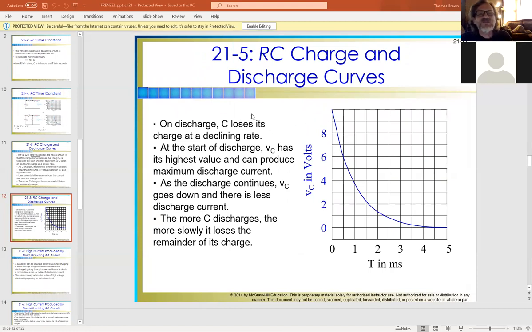So going a little bit further, discussing more on the discharge. C loses its charge at a declining rate. At the very beginning, let's examine this one: VC, the voltage across the capacitor, has its highest value and can produce the maximum discharge current, which is here.